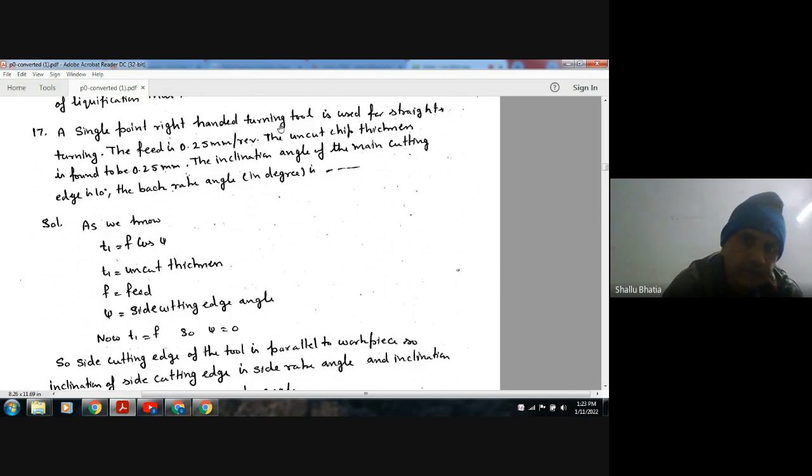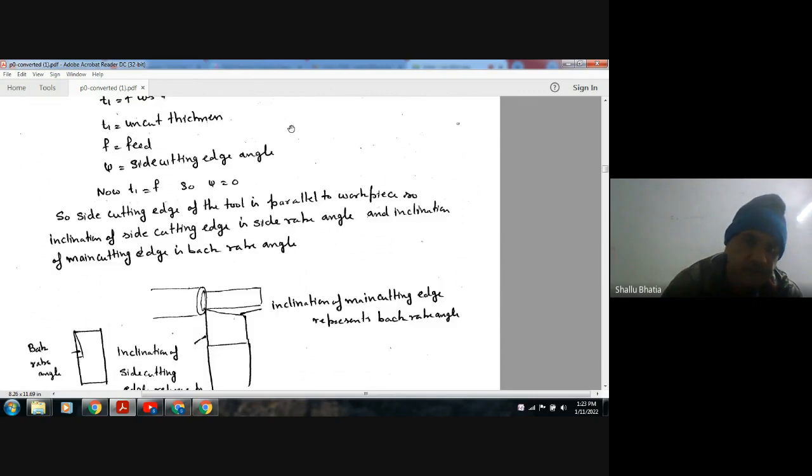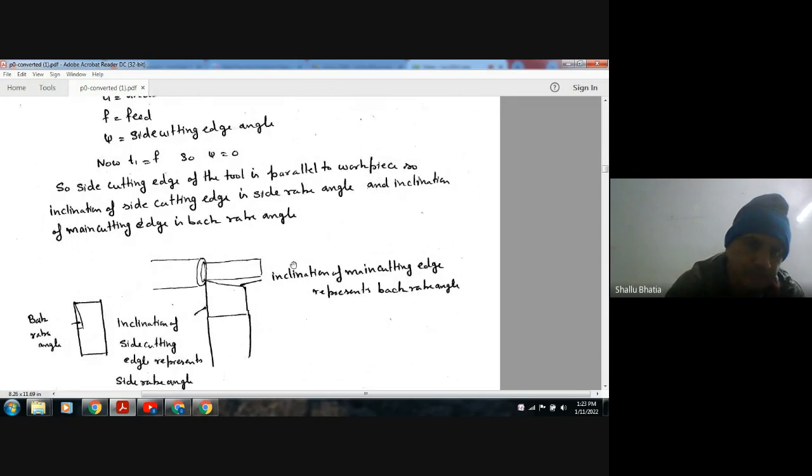As a single point tool is used for straight turning, the side cutting edge angle is 0.